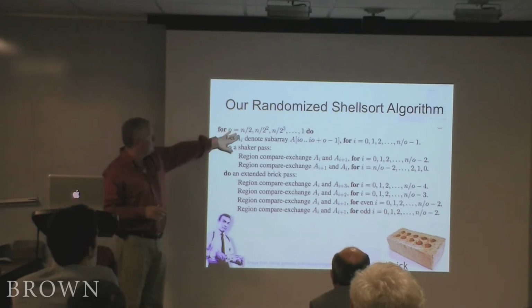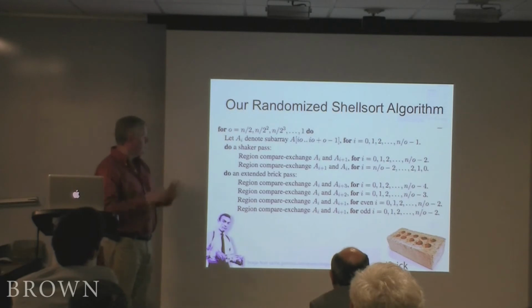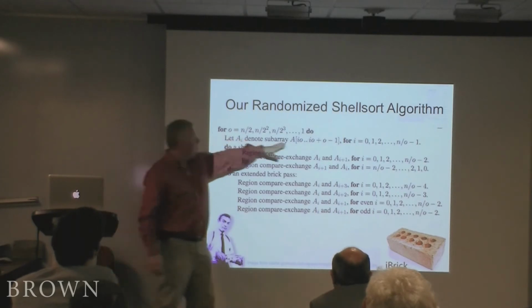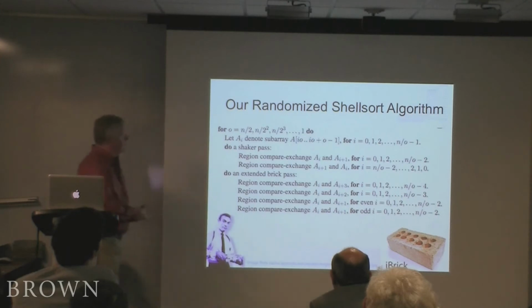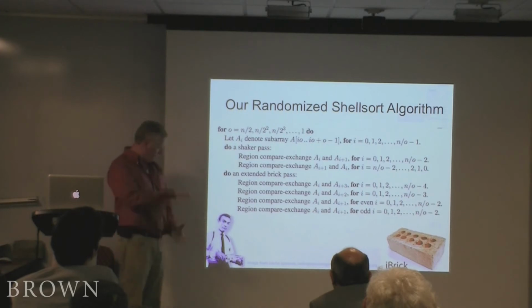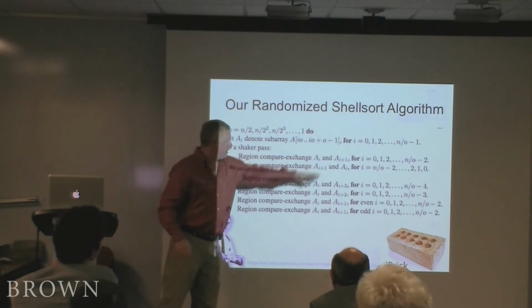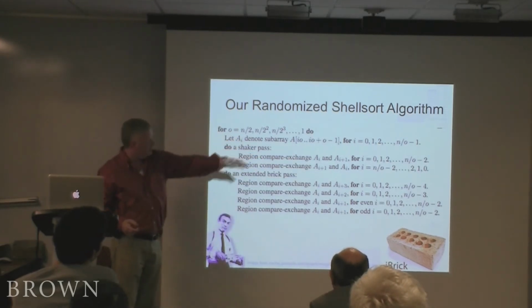So for the offsets equal to n over 2, n over 4, n over 8, just n over powers of 2. I'm going to assume that n is a power of 2 itself for simplicity. Let A_i denote the subarray that goes from i times the offset up to the next value, for all the i's. Do a shaker pass. So that's why we have Sean Connery here, this shaker. So just do region compare exchanges between A_i and the next, going up.